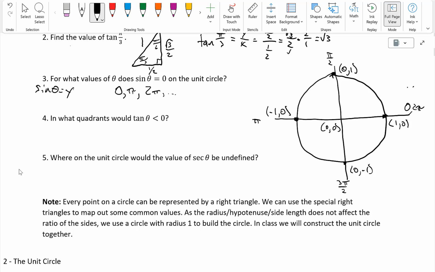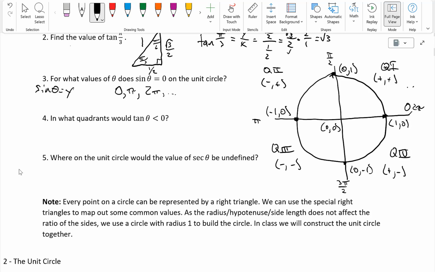In what quadrants would tan theta be less than 0? So we had our quadrant 1 over here where we had positive x, positive y. Quadrant 2 where we had negative x, positive y. Quadrant 3, negative x, negative y. And quadrant 4, positive x, negative y.